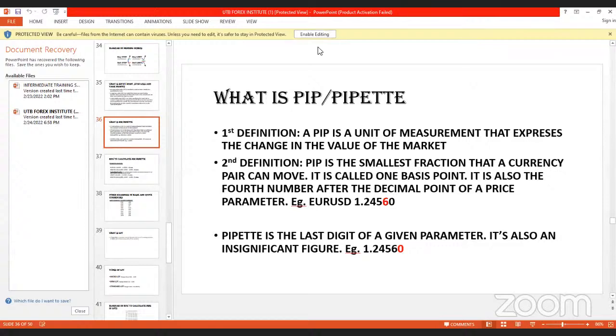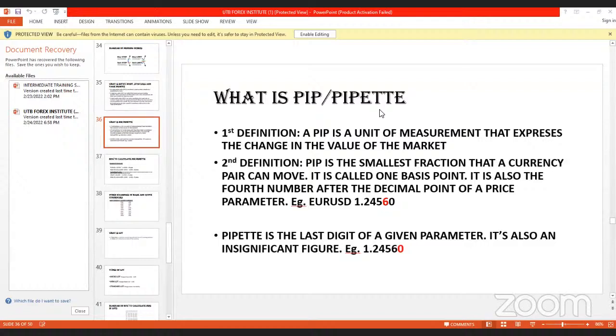Now, PIP is seen as the measurement that expresses the change in the value of the market, percentage in points.